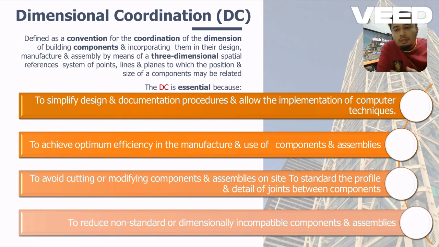Furthermore, you will be avoiding cutting or modifying components and assemblies on site. So there's less wet work, there's less cutting. So components are well fitted together on site to form a structure. And then it reduces non-standard or dimensionally incompatible component assemblies.